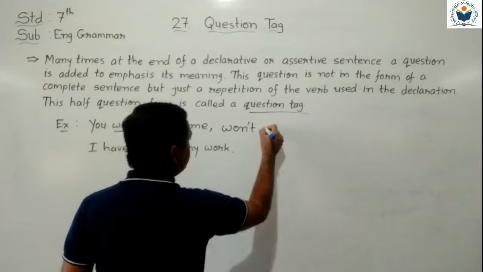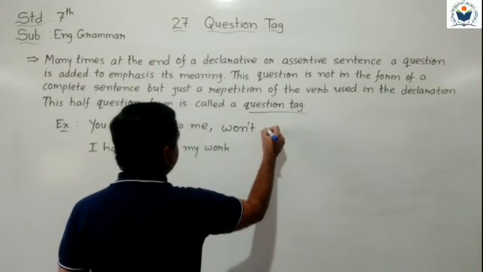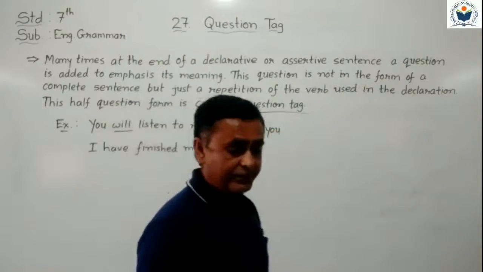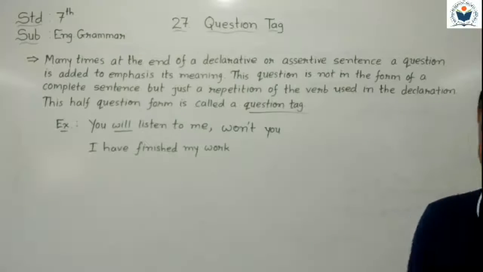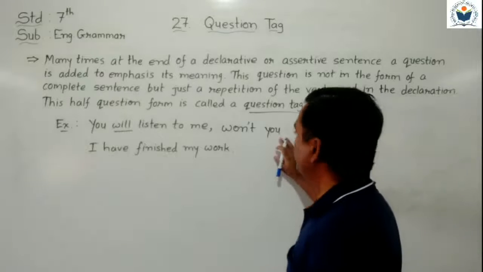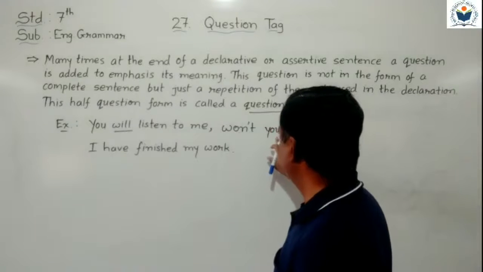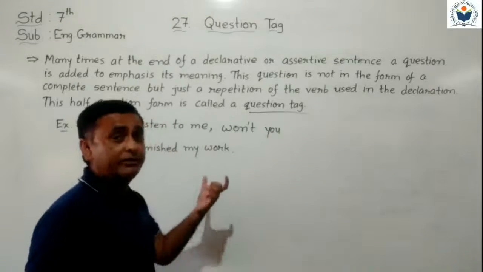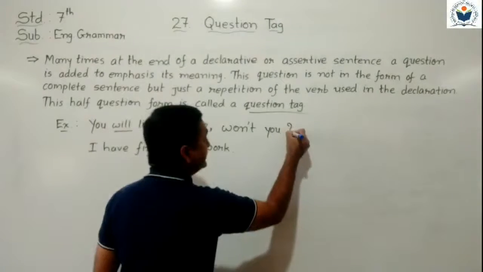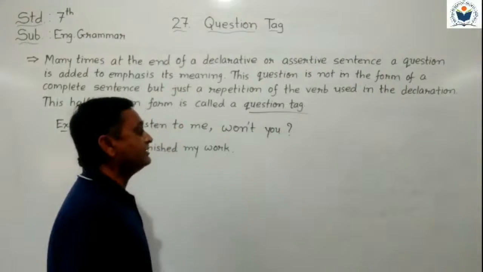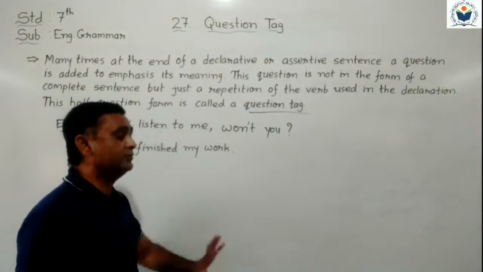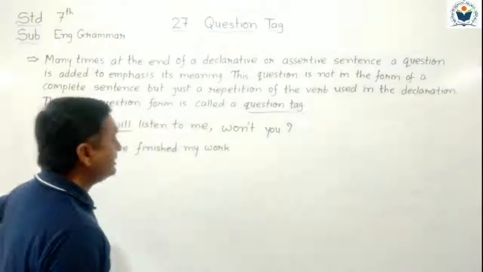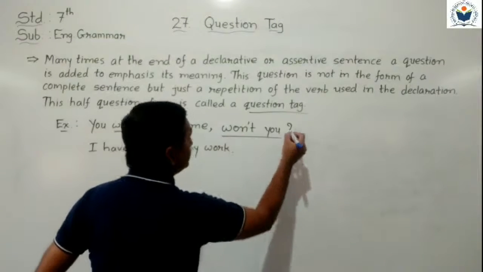So I put won't you. After completing both words, you have to put the question mark compulsorily. The question mark must be there, otherwise your sentence is also wrong. Can you understand?